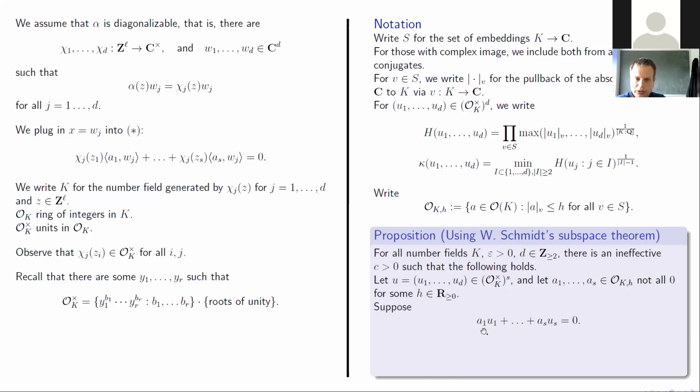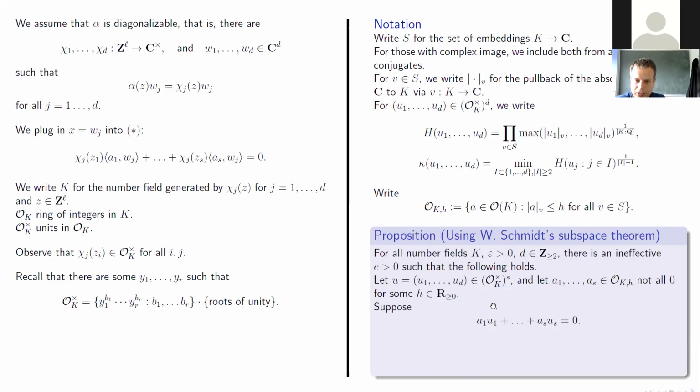Now, suppose that I have this equation. So I have a linear combination of my units with the coefficients being these algebraic integers in this box.